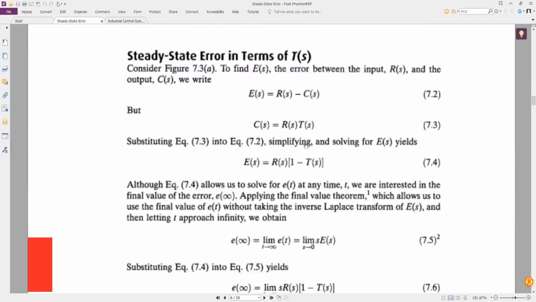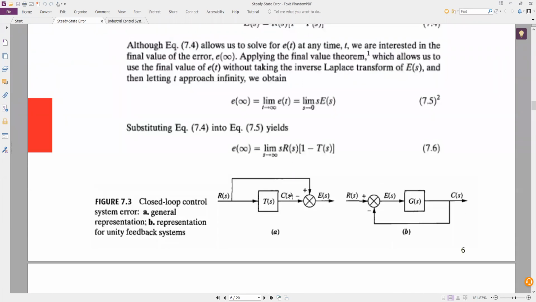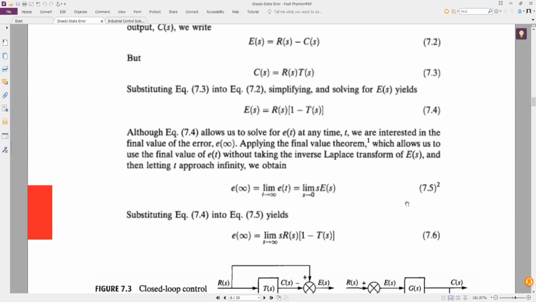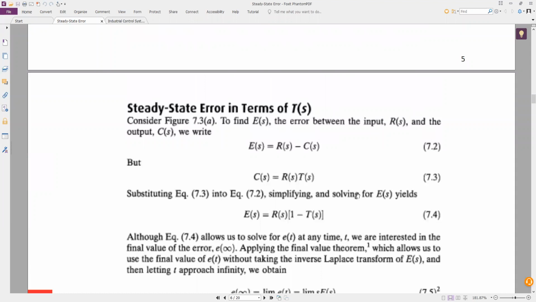Yes, E(s) is equal to R(s) minus C(s), right? But C(s) is equal to what? R(s) into T(s). We know that C(s) is equal to R(s) into T(s).